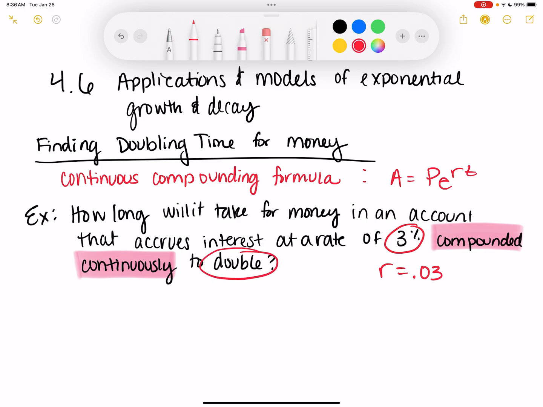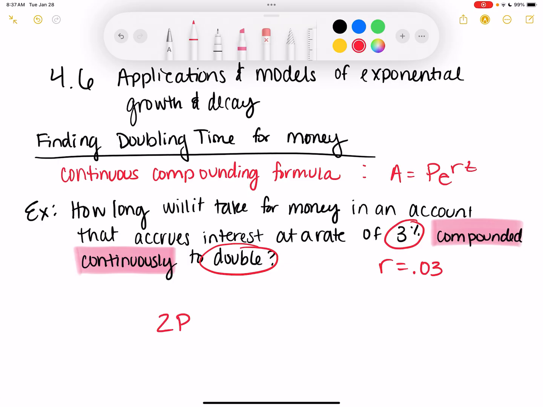The other thing to note is that we're trying to double our money. The initial amount put in, or the principal, is the P. They didn't tell us exactly what that is, but we just want to know how long it will take our money to double. So if we want double our starting principal, we call the amount we're trying to get to 2P.